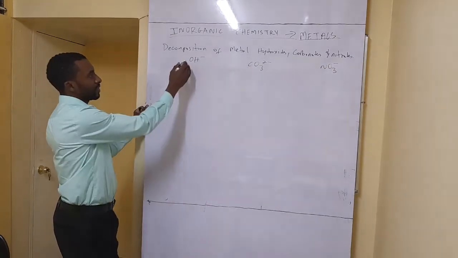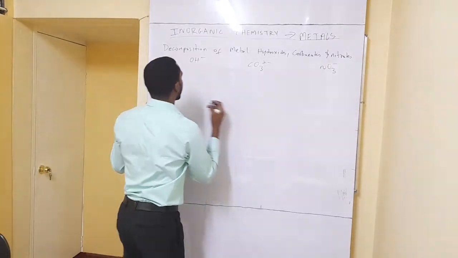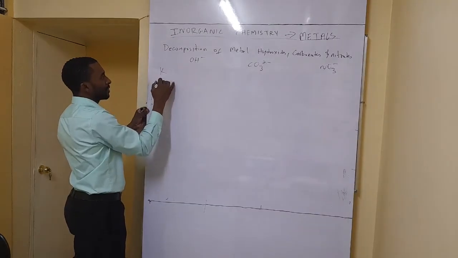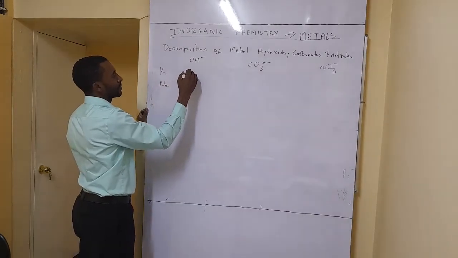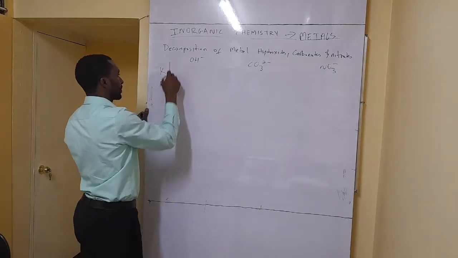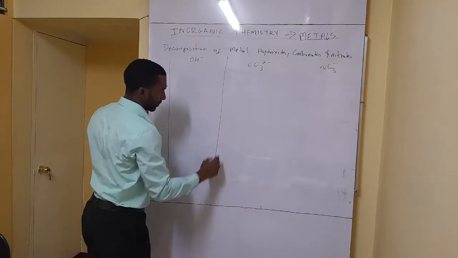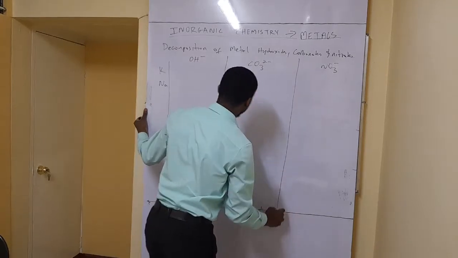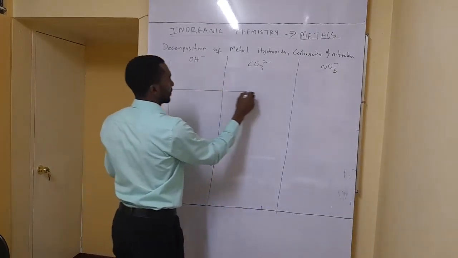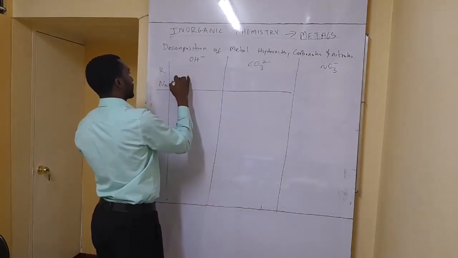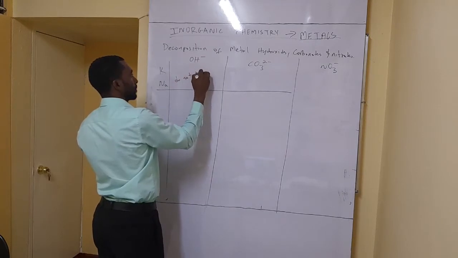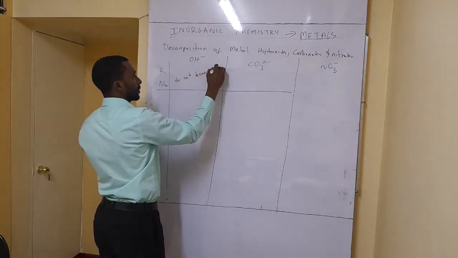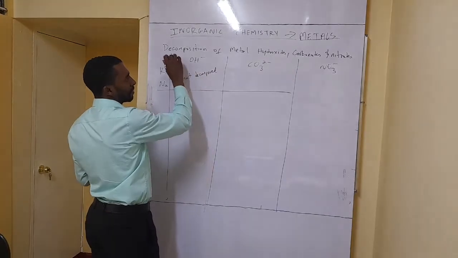Following? So this is hydroxide, this is carbonate, and this is nitrate. So for the potassium and the sodium, when we heat it, it does not decompose.